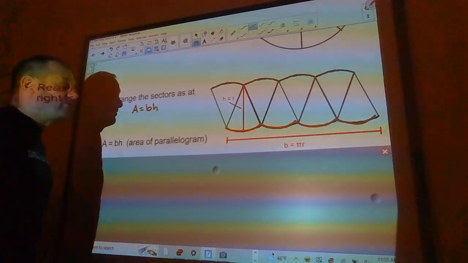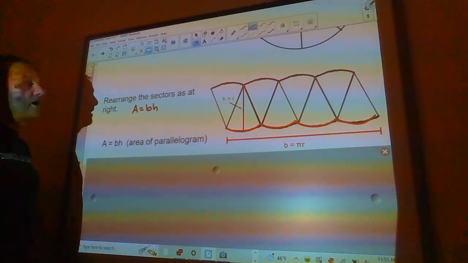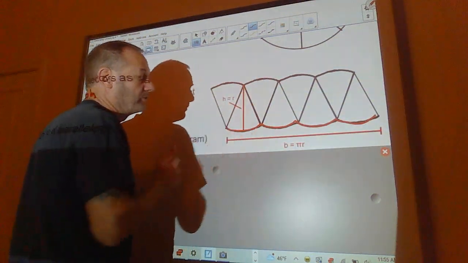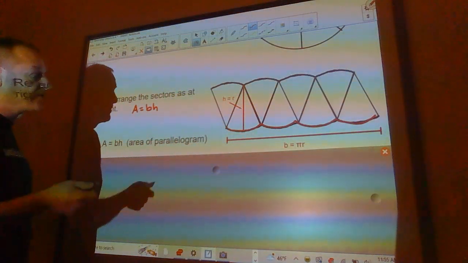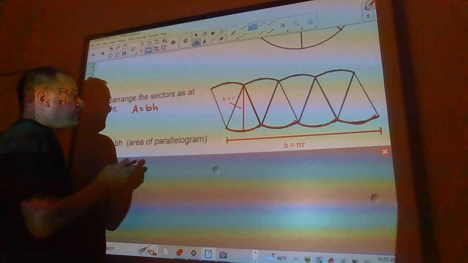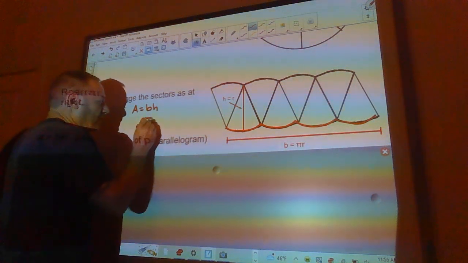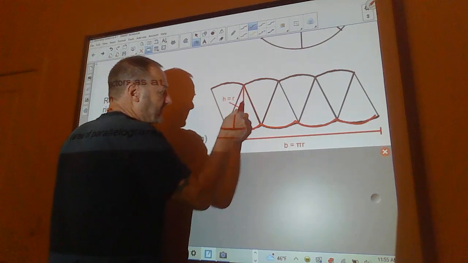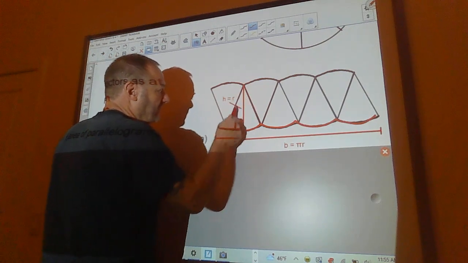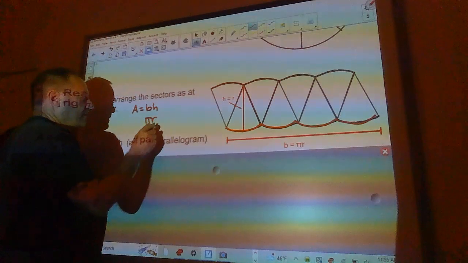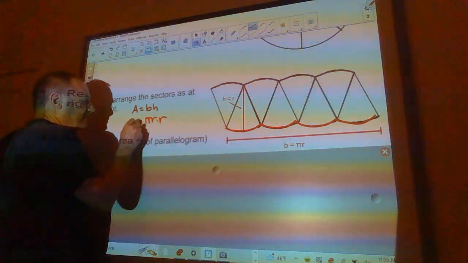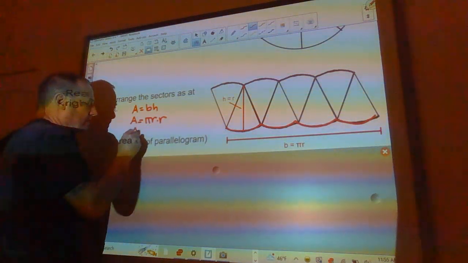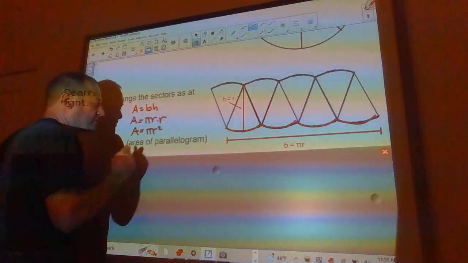Now, that is going to be half of the circumference of the circle, which we already know is 2 pi r, so half of that is pi r. So the base is going to be pi r, and then the height right here is this distance right here. That's equal to the radius of the circle, so we get pi times r, which is pi r squared.